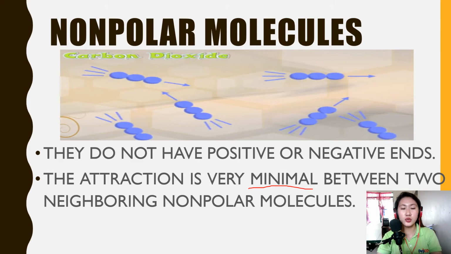We must also remember that like signs repel. That is why they only bounce off each other, so the attraction is very low. That is how we differentiate polar and nonpolar molecules based on their intermolecular forces of attraction.